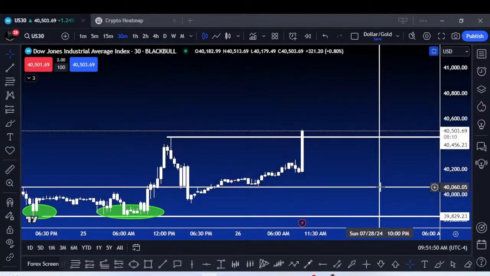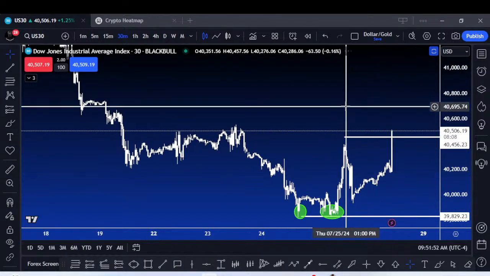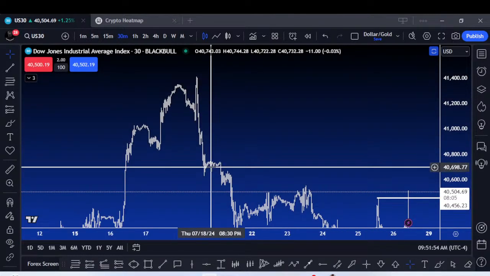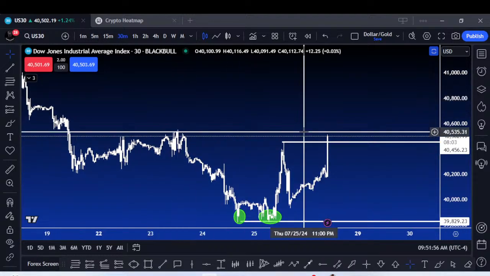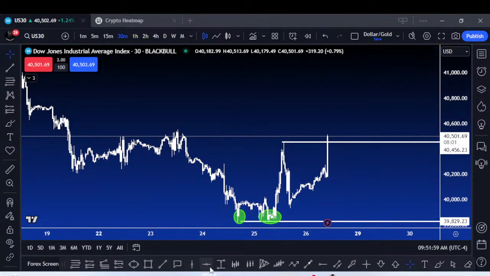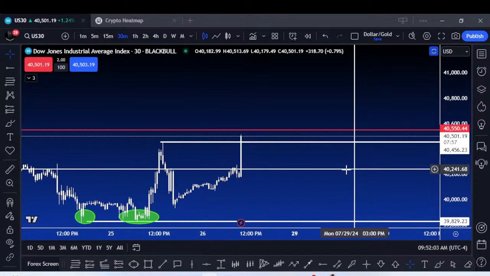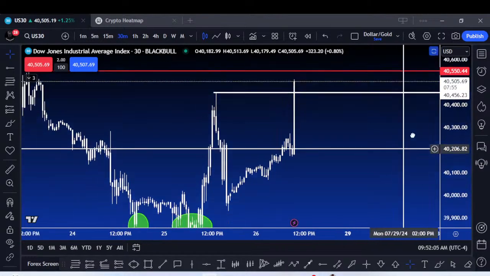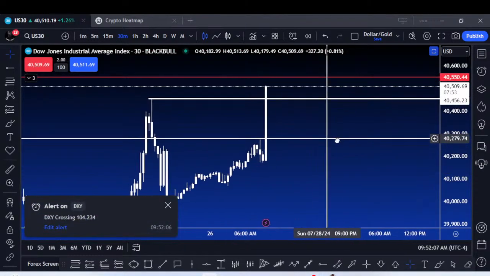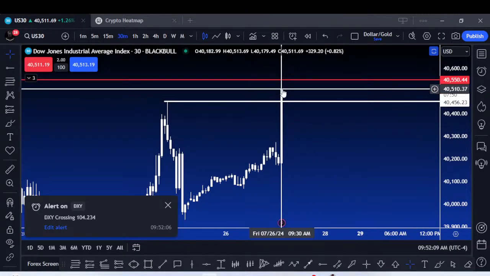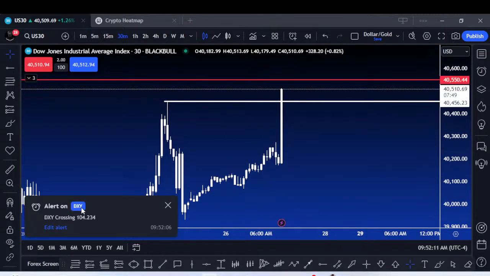So it's breaking the high of Thursday. And here's a high that it most likely can get to if it wants to really go. But we got a little resistance level here that it needs to get past. So we may have an opportunity on a sell on US 30, just depending on how things go when it gets to this area.